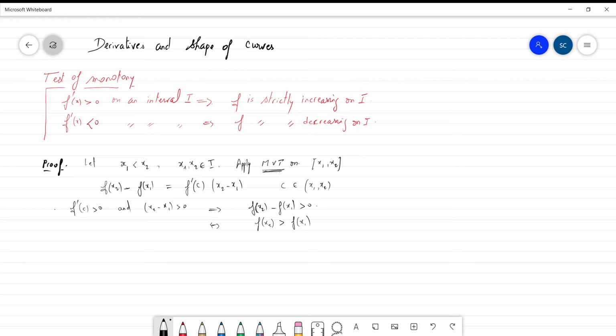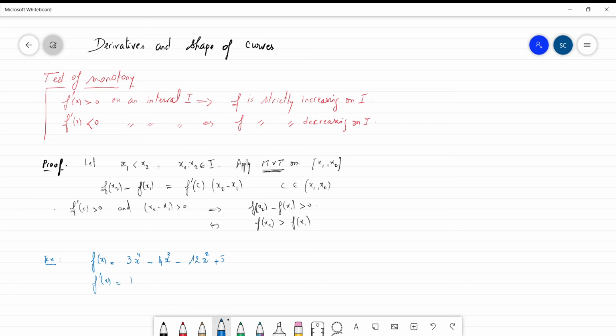Okay, so let's explore the following example. Here is my function f(x) equals 3x^4 minus 4x^3 minus 12x^2 plus 5. We want to study the sign of f prime so that we get the monotony. So let's compute the derivative.